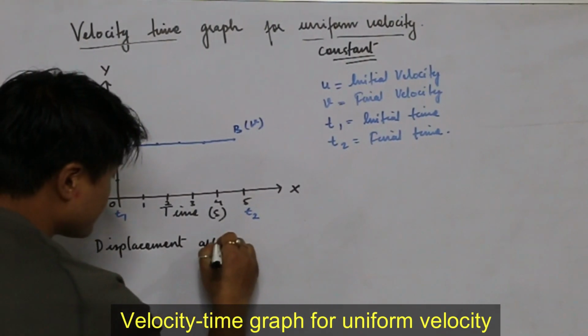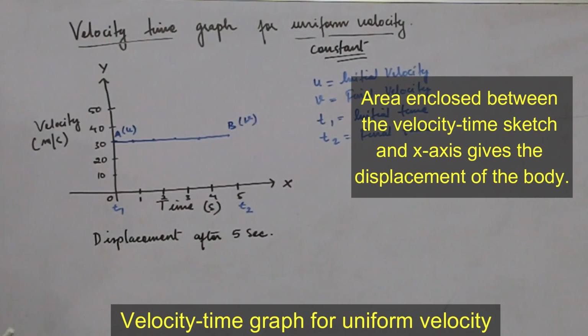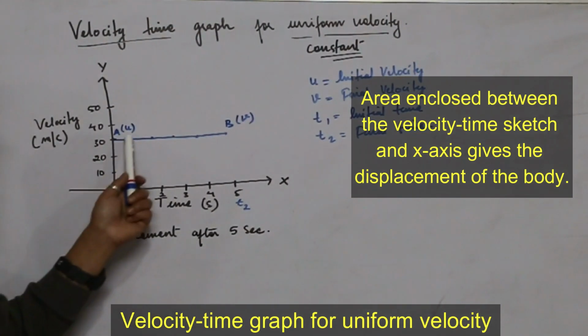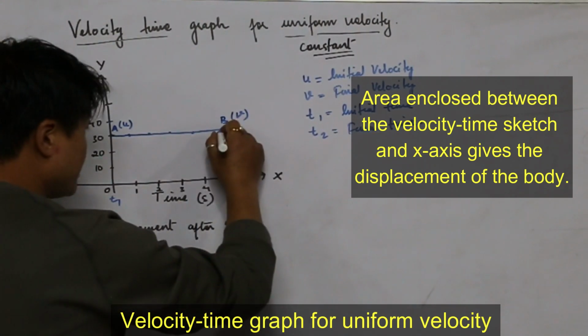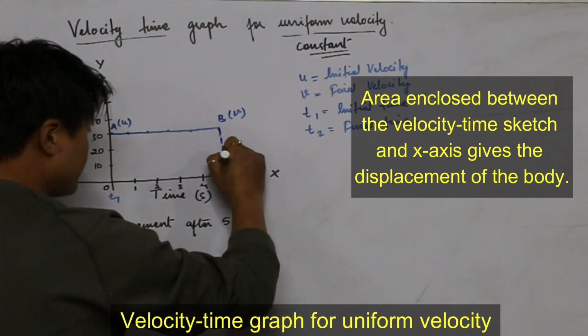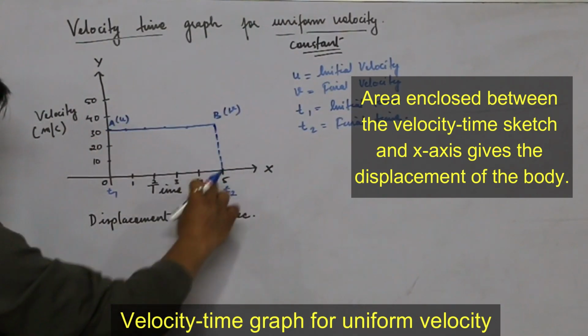Displacement after 5 seconds, or displacement from A to B. After 5 seconds, here, we drop a perpendicular from here. If you drop a perpendicular, we are getting this figure.